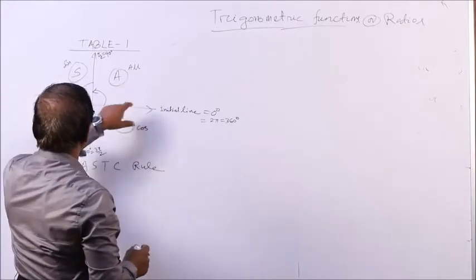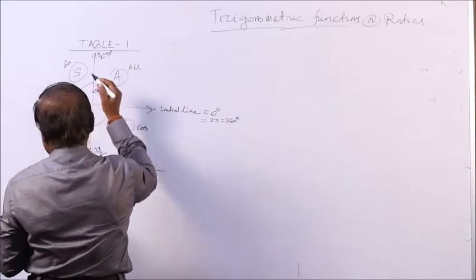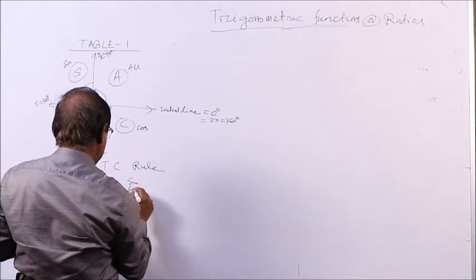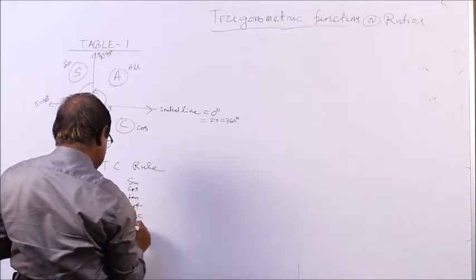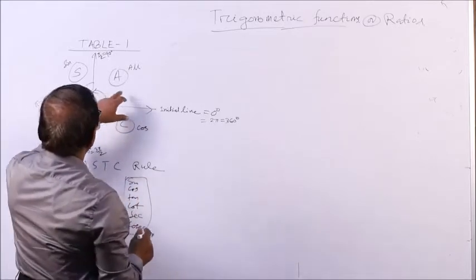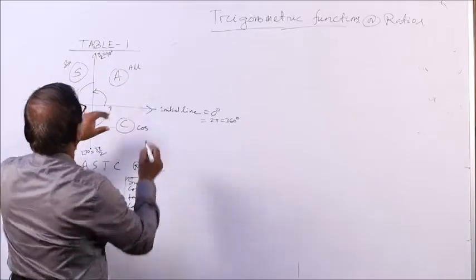What does it mean? All means all the values, that is sin, cos, tan, cot, sec and cosec. These 6 trigonometric ratios, whatever value of theta you take from 0 to 90, all are positive, all positive.